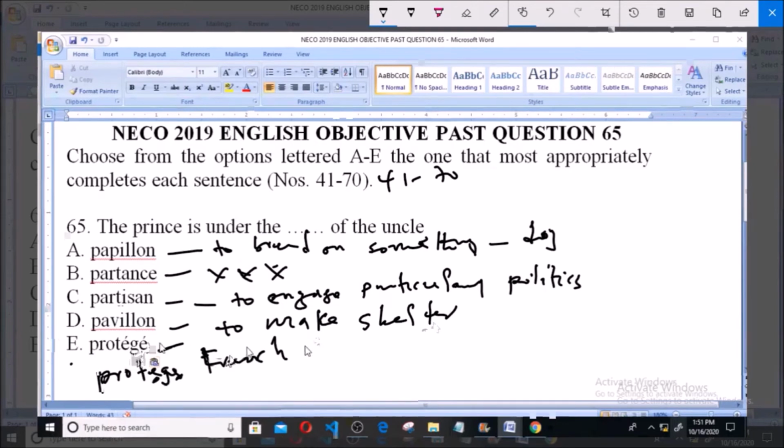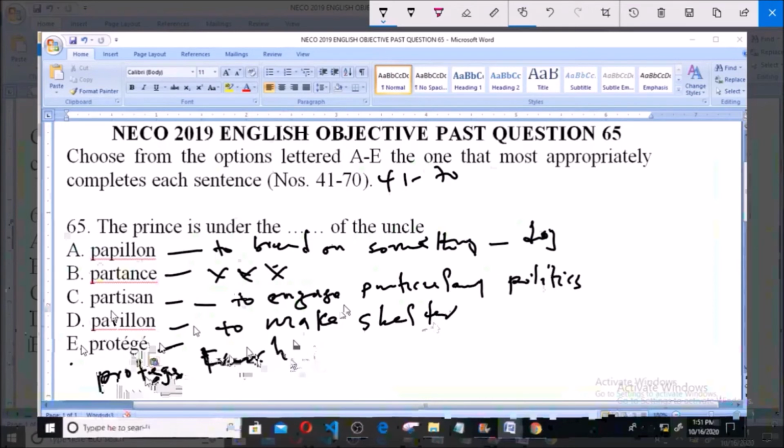That tells us that it's a French word, but the English version of protege does not take a hyphen. So this is a French word, and both the French and the English version have the same meaning or the same definition.